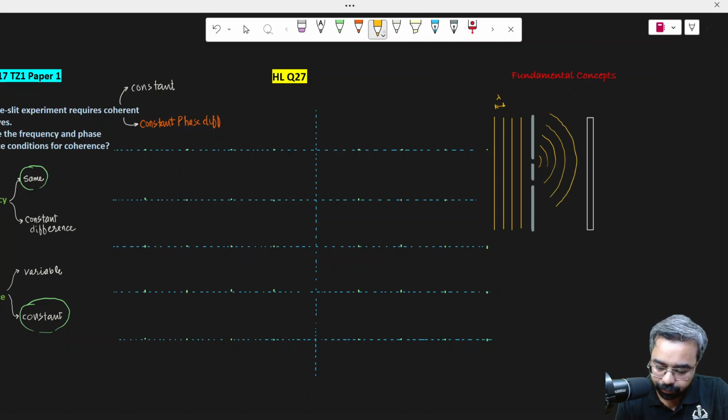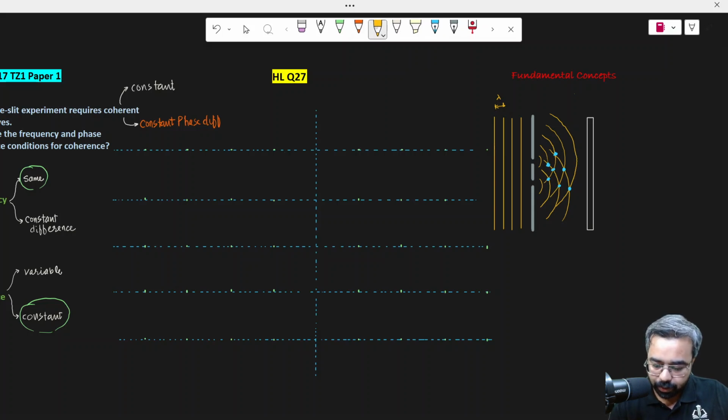When they diffract, you see that these two monochromatic waves are interfering with one another at some given points. At some points they interfere constructively, and at some points they interfere destructively.